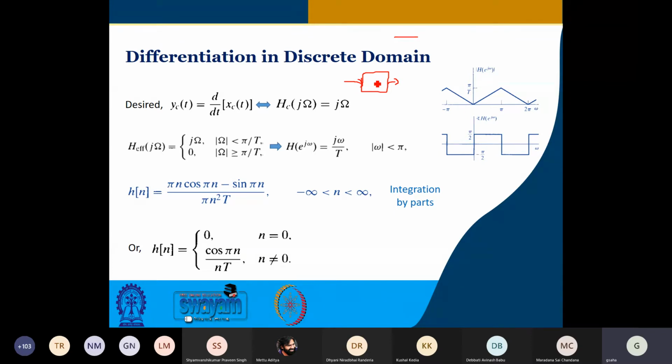Now when we do differentiation, this is what we are looking at, and the corresponding frequency domain representation is this.